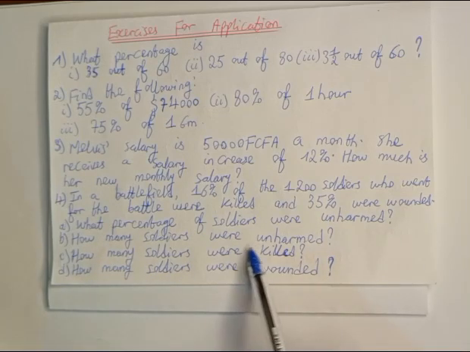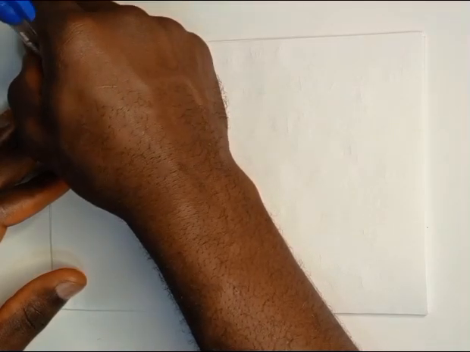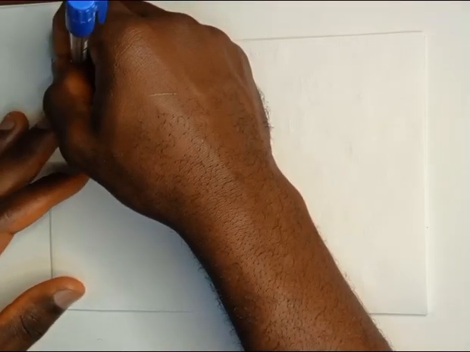What percentage of soldiers were unharmed? First, let's present the given information in the question. Question 4, we have 16% of 1,200 soldiers who went for the battlefield were killed, and 35% were wounded.